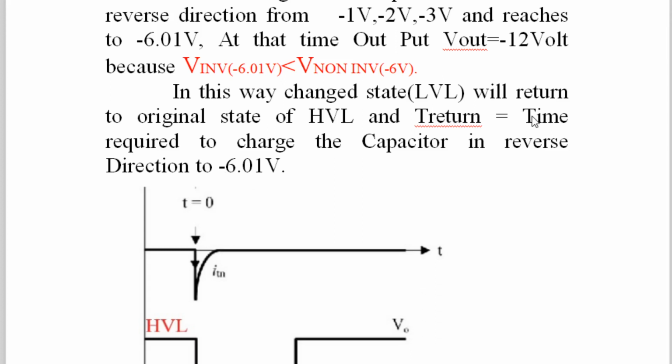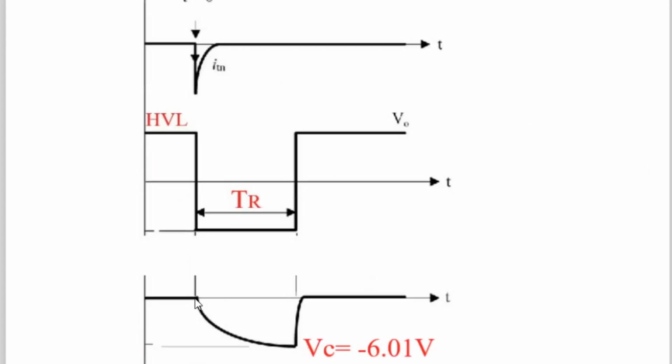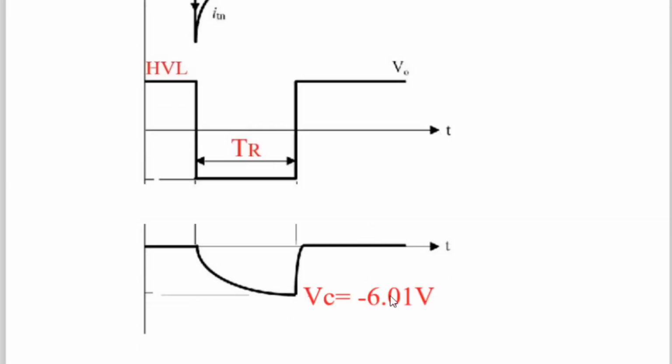After that point, when the capacitor charges to -6.01, it will come back to its original position, because the voltage at the positive terminal, -6 volt, becomes greater than the voltage at the negative terminal, that is -6.01. And in this way the original state will come back, and that is called your T return.